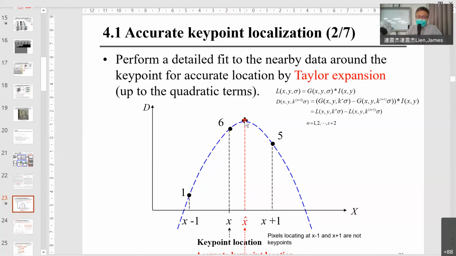How can we find it? The point you have now is an integer point. Most of the time you don't care, but if you want high accuracy, you can use a subpixel method.